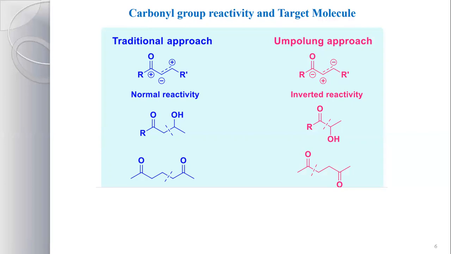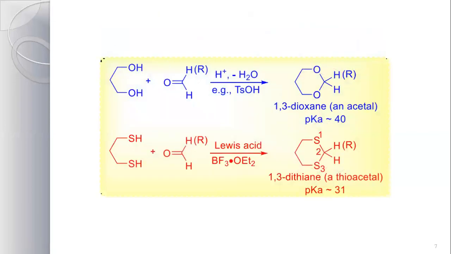If the functional groups are 1,2 or 1,4, then the reaction is an Umpolung reaction. Let's do the easiest and general reactions of the carbonyls. What happens?